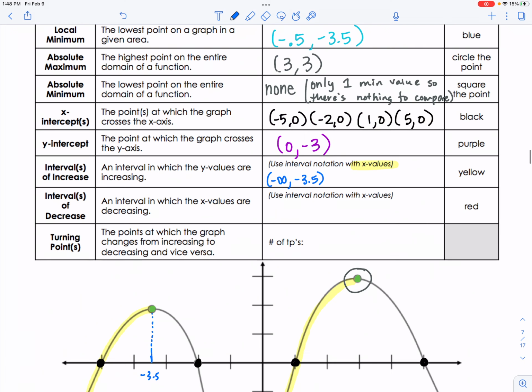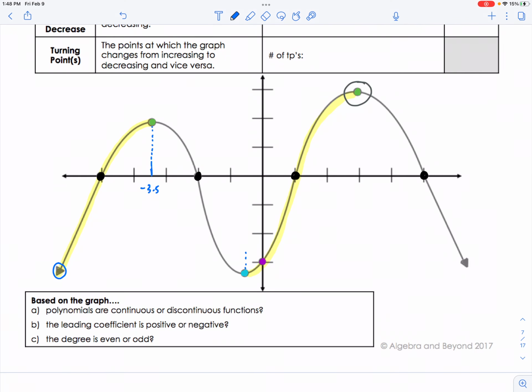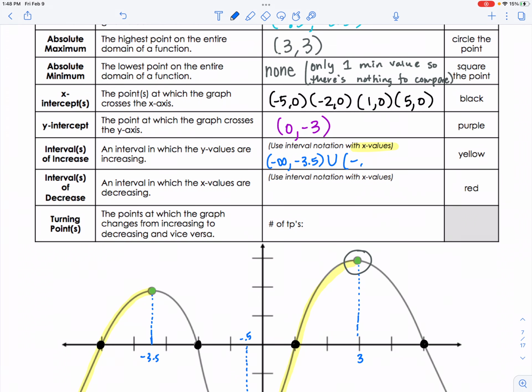Then we use the U for union, and we go from this point, which is -0.5, up to this point, 3. So those are the intervals in which we're increasing, where the graph is going up. The y values are getting larger.